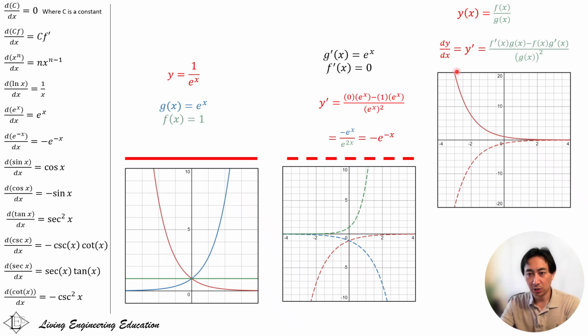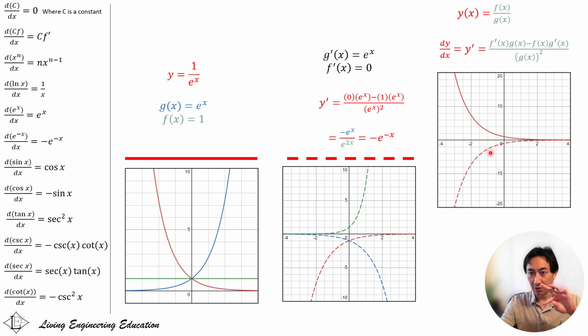So the full function starts off with a large negative slope, right? And it gets shallower and shallower until it goes to 0. Right here, this is the derivative of it, right? So it starts off a very large negative value, gets smaller and smaller until it reaches 0. So it's reflective of that.